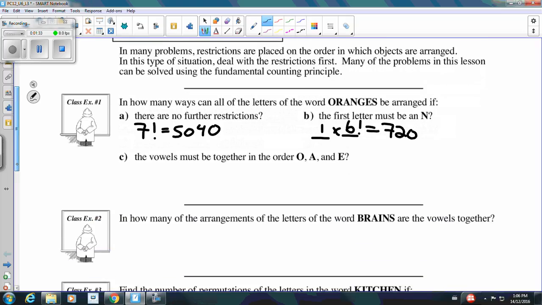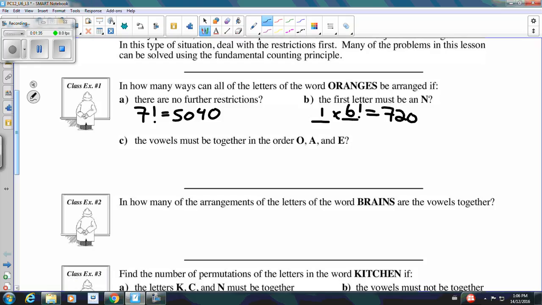What if, though, the vowels must be together in the order O, A, and E? So now, instead of arranging 7 letters, we are arranging the 4 consonants and the group of O, A, E. So we can think of this O, A, E as one group that's now locked or glued together. So they travel as a unit of the 3 of them.